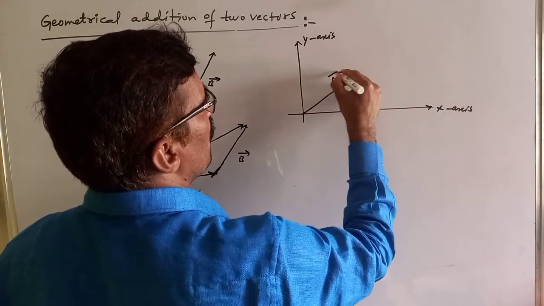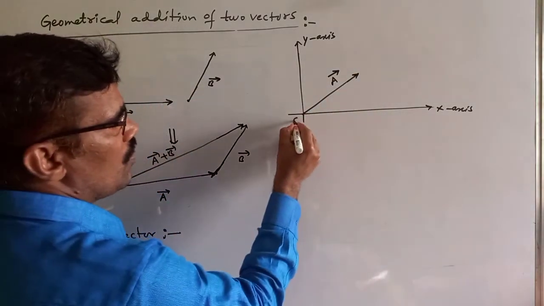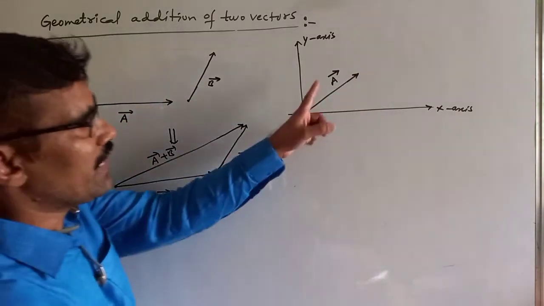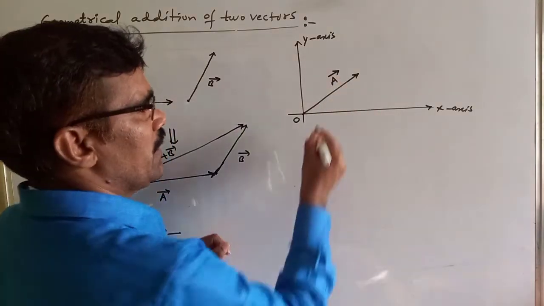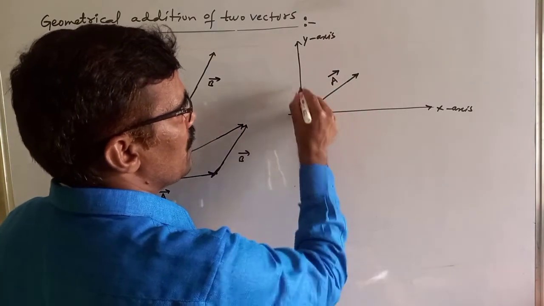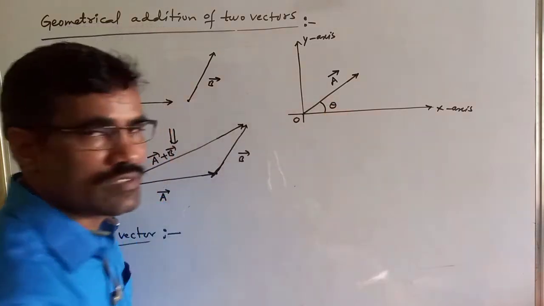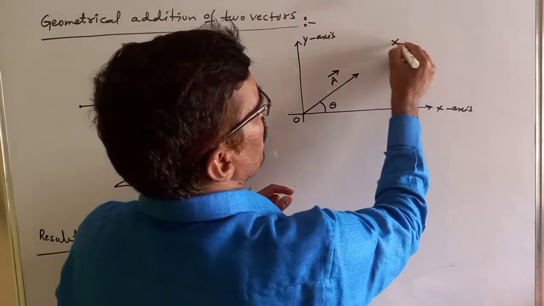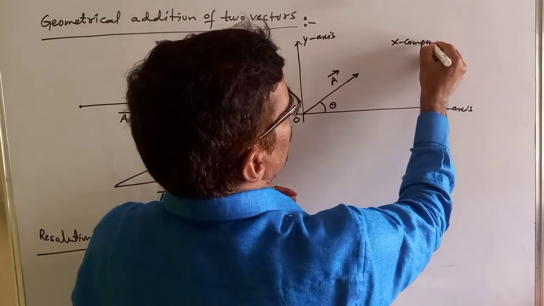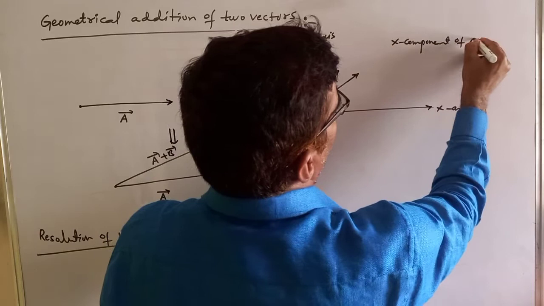This is the A bar, A vector. This is the origin. A vector is in which plane? XY plane. The angle made by A vector with the x-axis is theta, suppose. What is the x component of A vector?